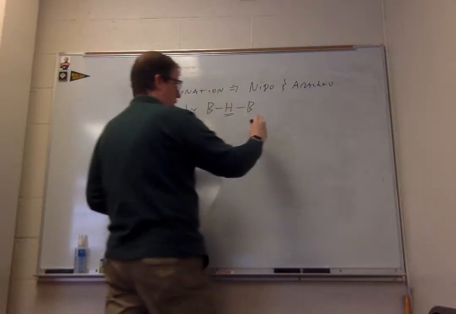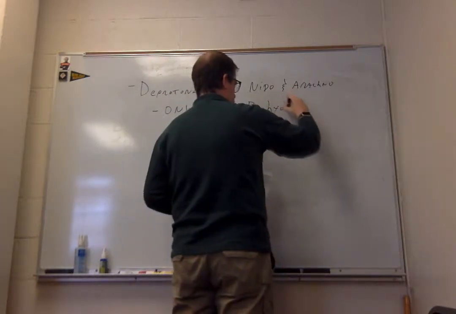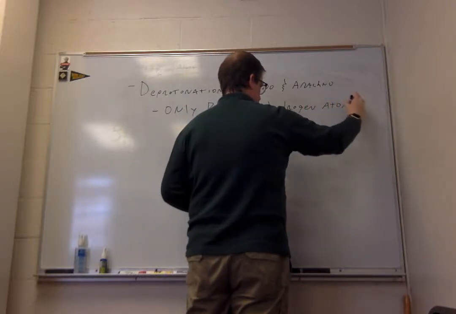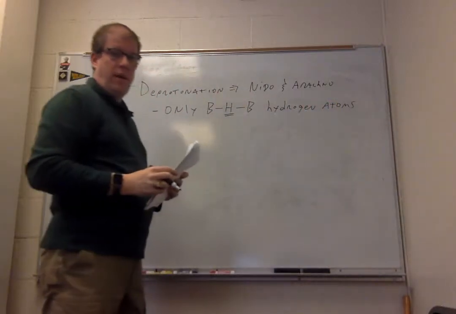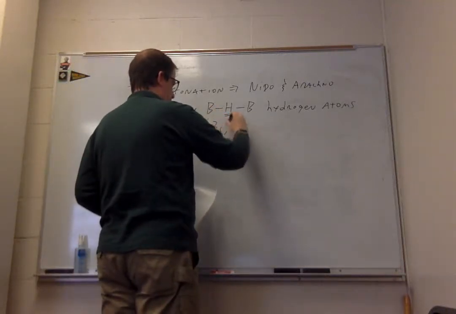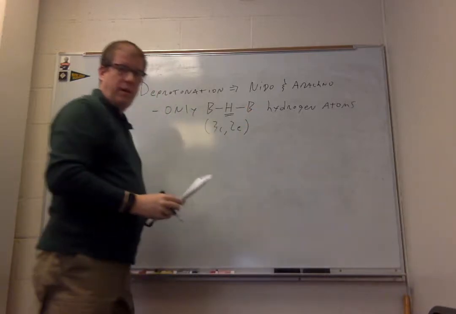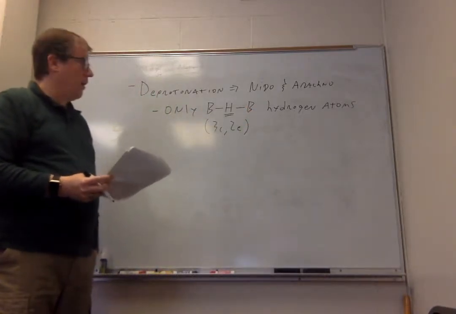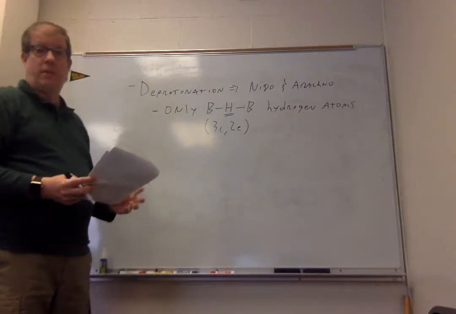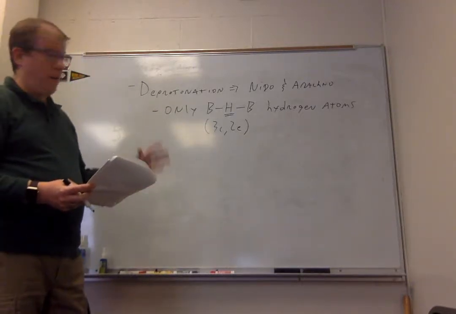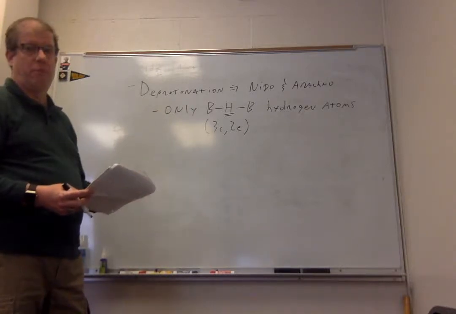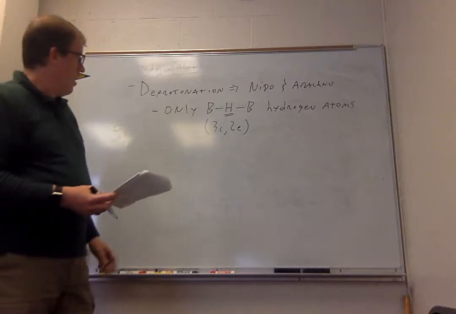But only hydrogen atoms involved in a B-H-B 3-center 2-electron bonding situation will do this. So the terminal BH groups that have 2-center 2-electron bonds are inert. So they don't react with the ammonia either. So a closo cluster doesn't do the previous reaction. You don't abstract a BH2 group from there.